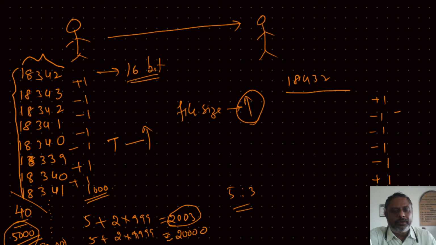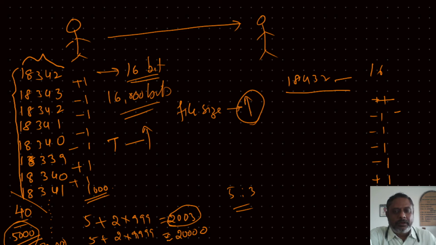So when you go for 16-bit coding, you need to use 16 into 1000, so 16,000 bits for this side, whereas for the first time you require 16, and then you just require to say plus 1 or minus 1, 1 bit at a time.